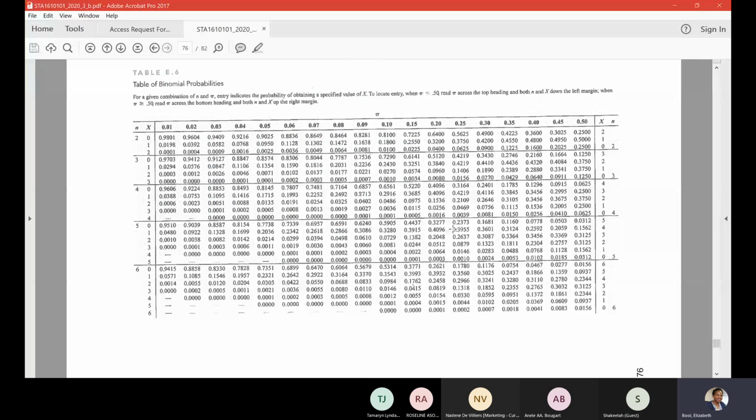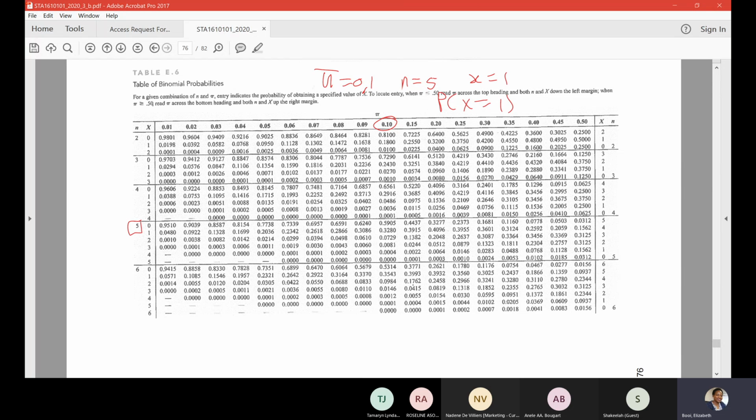So I'm looking for 0.1, which will be at the top. Remember, we're looking for the pi of 0.1, we're looking for n of 5, and we're looking for x equals 1. And you know that we're looking for the probability that x equals 1, which makes it easy. So we look for n. n is 5.